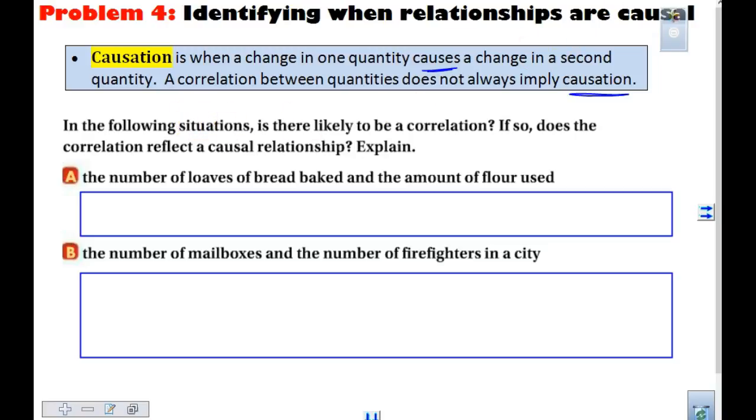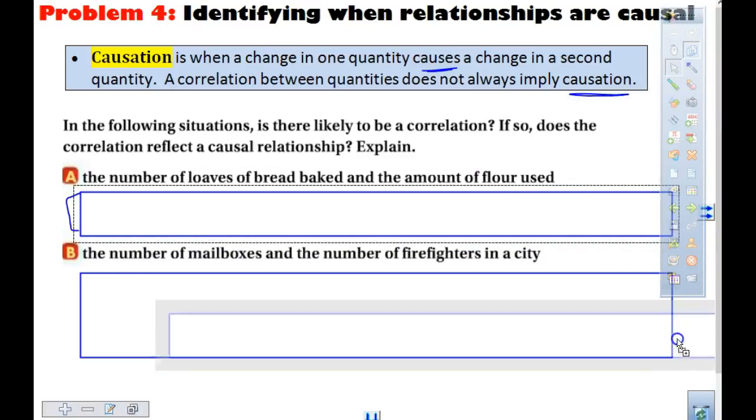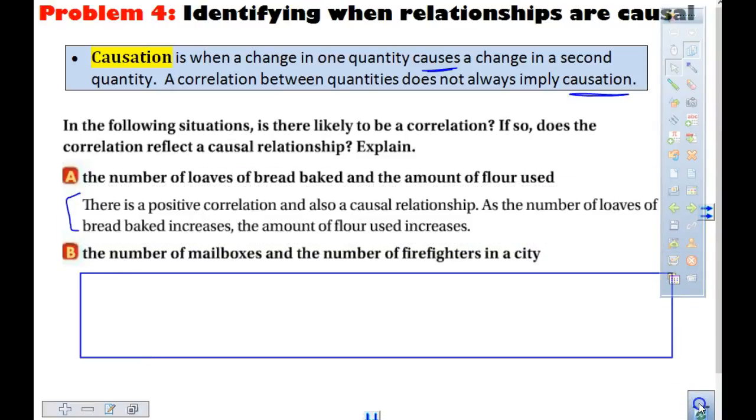So as you look at these two situations, and you write this down in your notes. So it says the number of loaves of bread baked and the amount of flour used. Now, we would think that's going to be what kind of a relationship, correlation? Should be positive correlation, right? Does that make sense to everyone? And have a positive correlation for that.